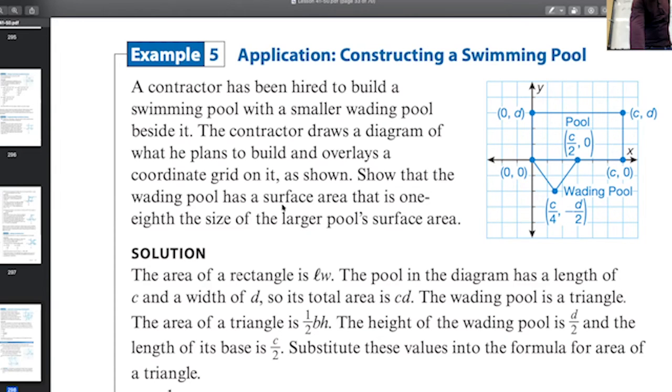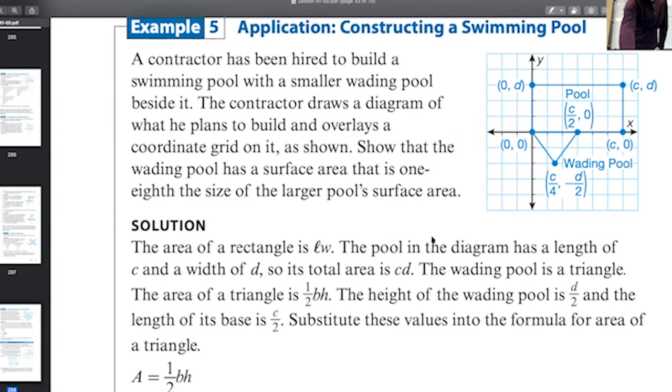The wading pool has a surface area that is 1/8 the size of the larger pool surface. Okay, so it looks like you did a little wading pool, a little triangle there. Do you see that? Okay, so is that 1/8? It looks like 1/8.